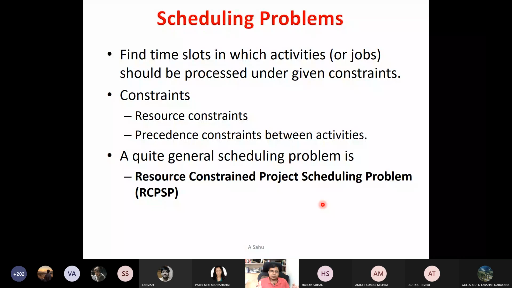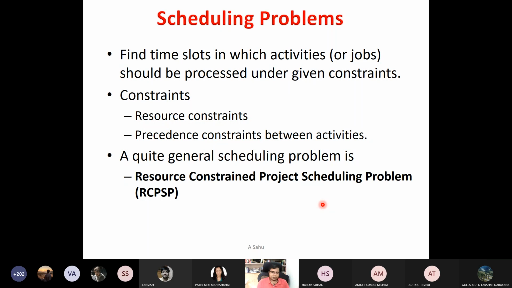If you look at any given problem, the scheduling problem in general we define as finding the time slot in which the activity or job should be processed under given constraints. And what are the constraints? Resource constraints, and second, precedence constraints between activities.